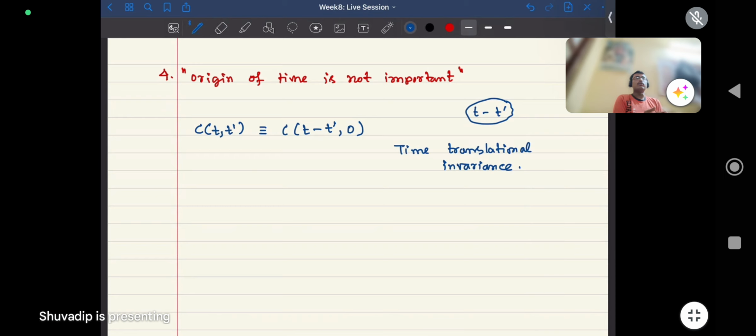So if you allow the time to run in the reverse direction, backward direction, you will not be able to tell whether it is going in the forward direction or backward direction. It is completely indistinguishable. So in that case, time reversal symmetry is present in the system. It doesn't depend in which direction you are looking at the video, along the positive time axis, or along the negative time axis.